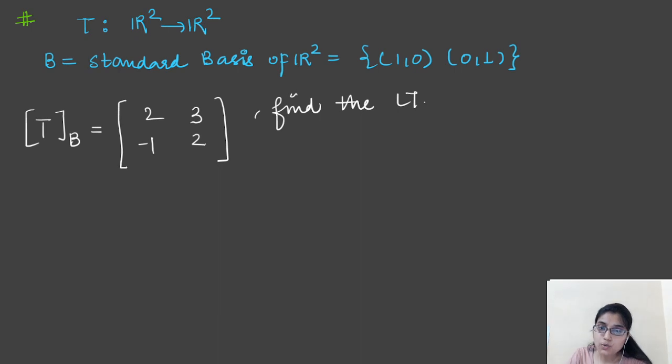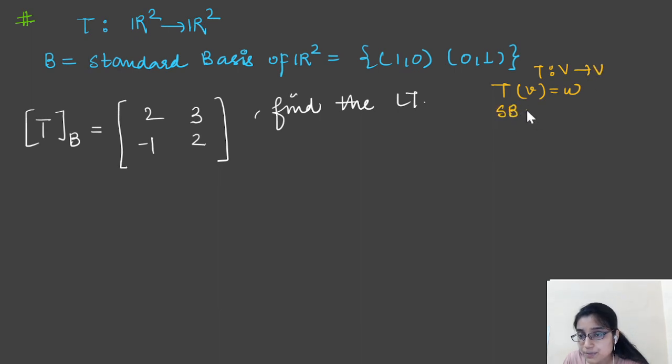First, I am giving you with the help of the trick. I told you whenever you have been given a linear transformation, fine, if we are talking from V to V, and with respect to the standard basis if anything is asked, then I told you that the first component gives you the first row, and the second component provides you the second row. Just this trick we will use and we will get our answer. Fine.